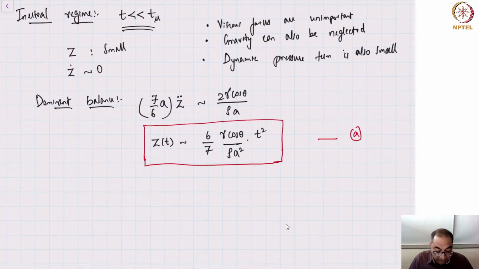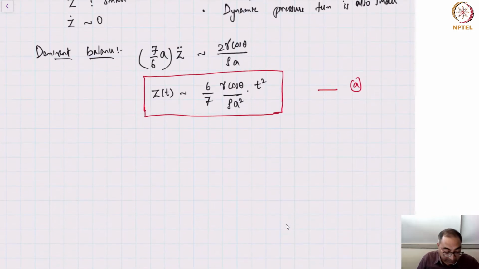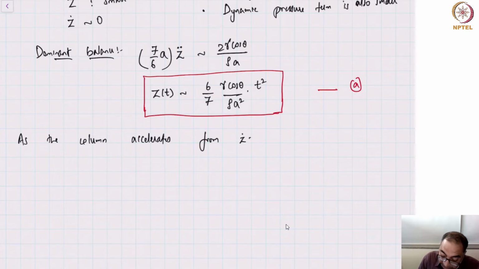Now let's look at the next case. We are still in the inertial regime. Inertia has still not died off. But now, as it rises, as the column accelerates upwards from an initial velocity of z dot equal to 0, the z dot square term becomes important.